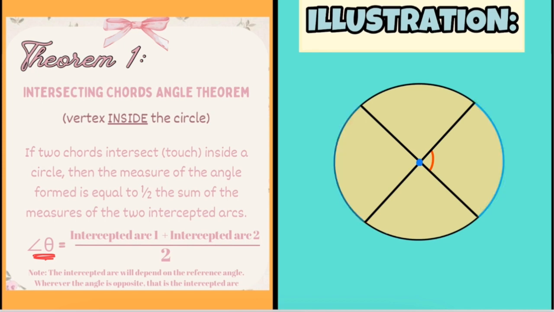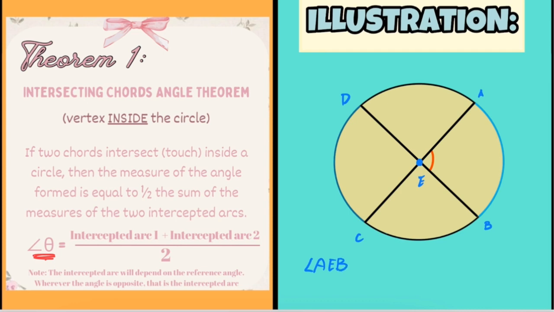Say that we have here point A, this is point B, this is point C, D, and E. If you take note of this, the angle can be found at angle AEB. Okay? That's the red symbol. That's AED. Oh, sorry, AEB.